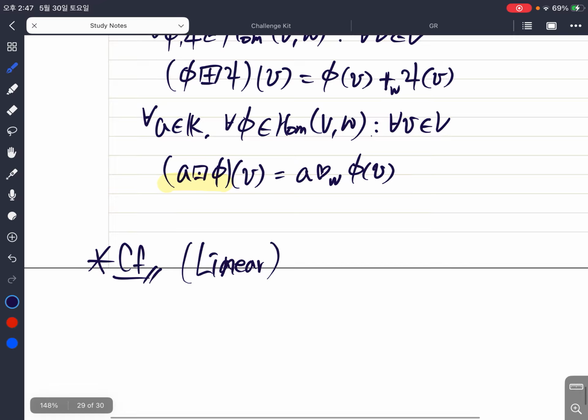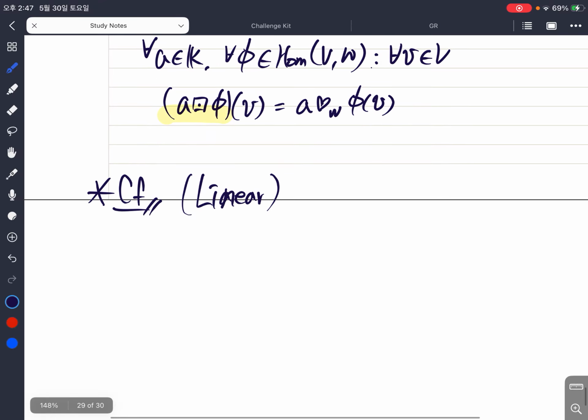In the linear map, we can also combine this.